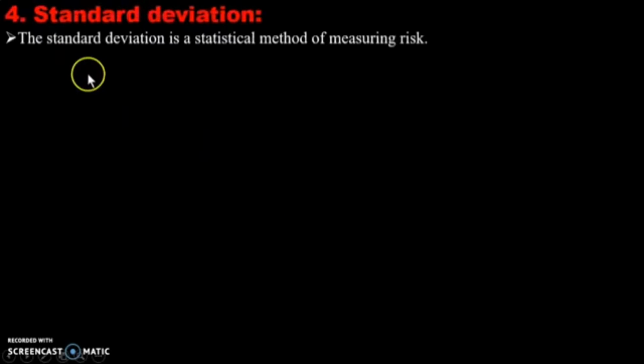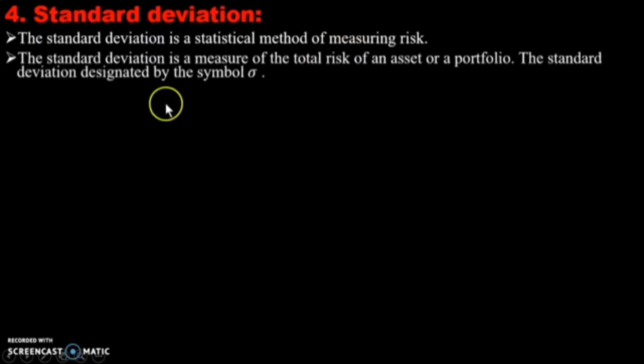Standard deviation. The standard deviation is a statistical method of measuring risk. The standard deviation is a measure of the total risk of an asset or a portfolio. The standard deviation is denoted by the symbol sigma.